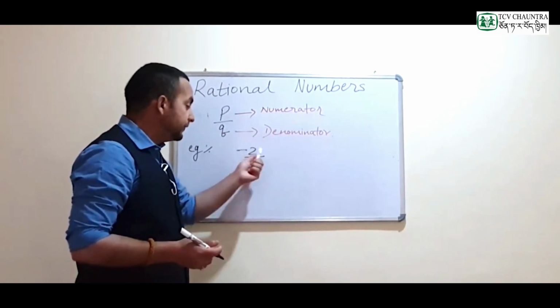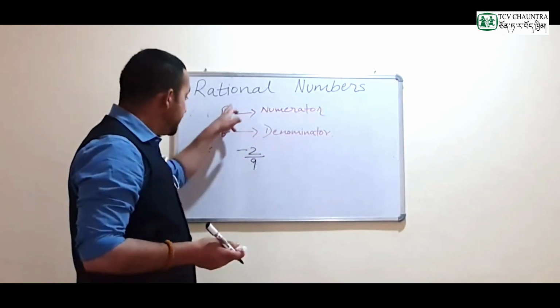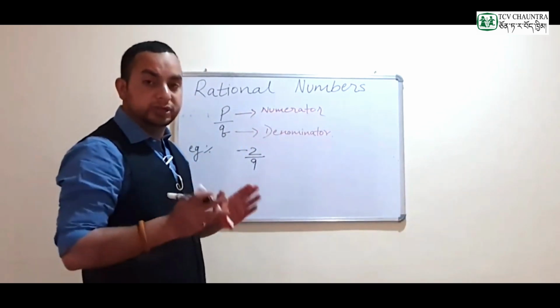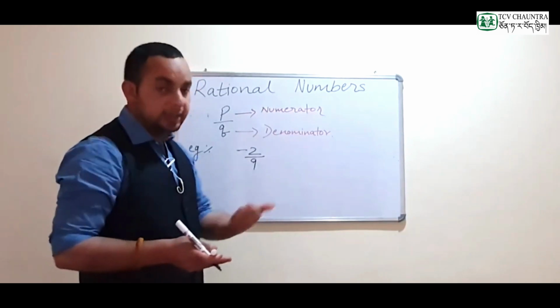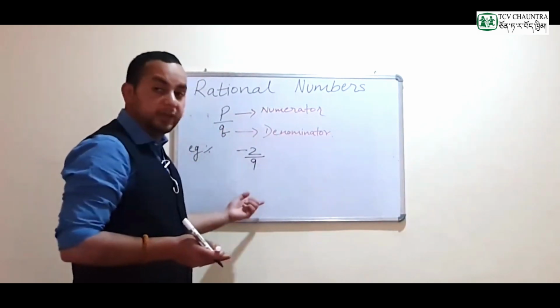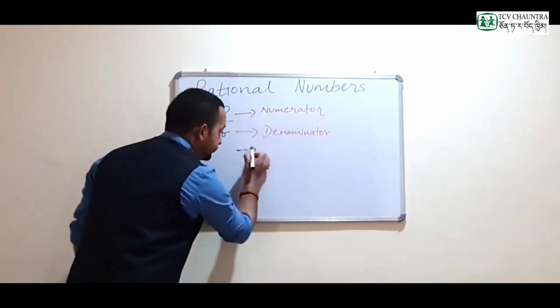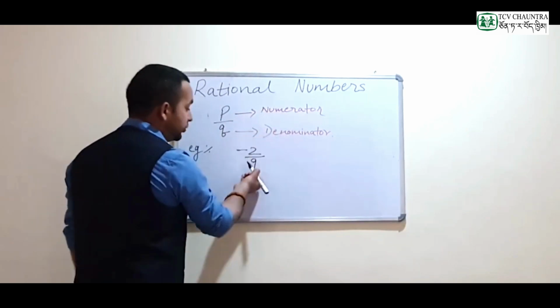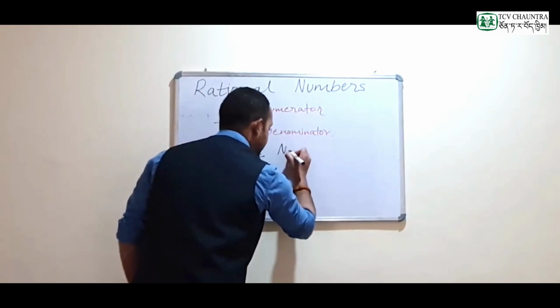According to the definition, p and q should be integers. We take negative 2 as the numerator: in place of p we substitute negative 2, and in place of q we substitute 9. So negative 2 upon 9 is a negative rational number.